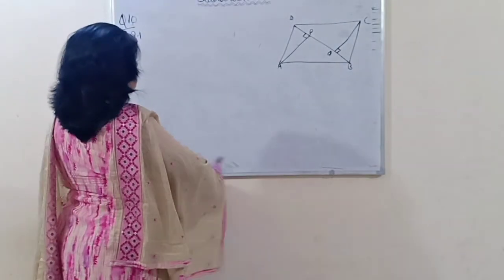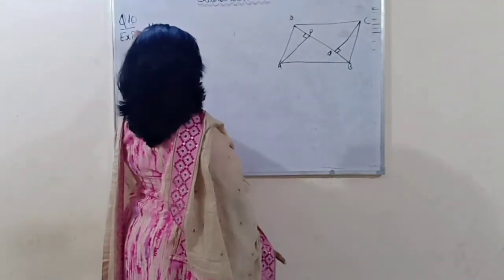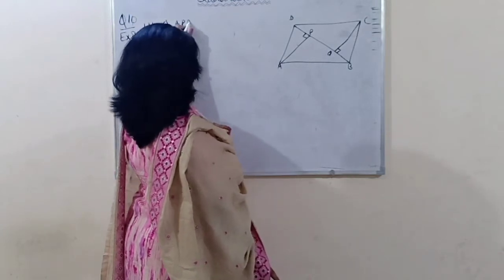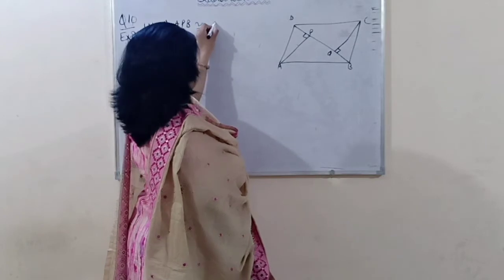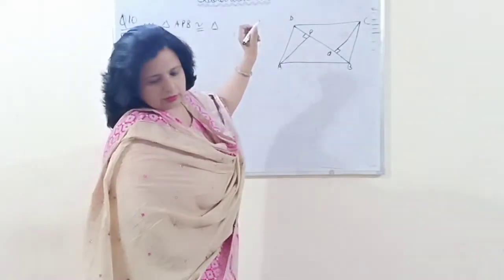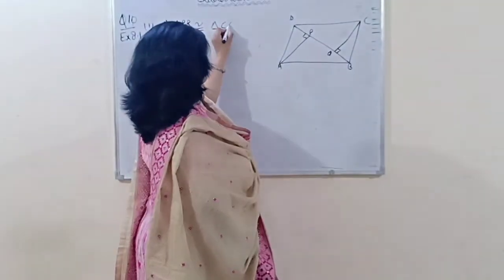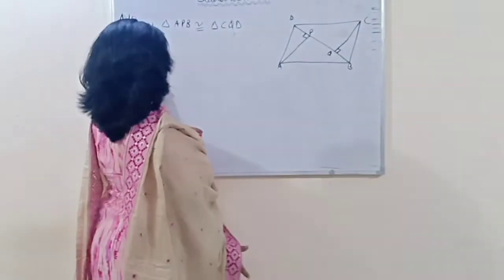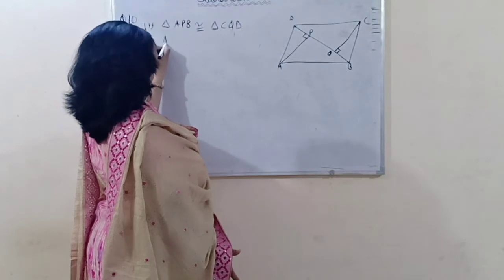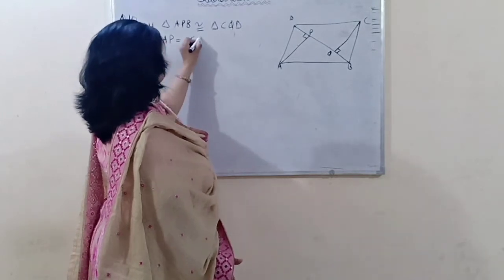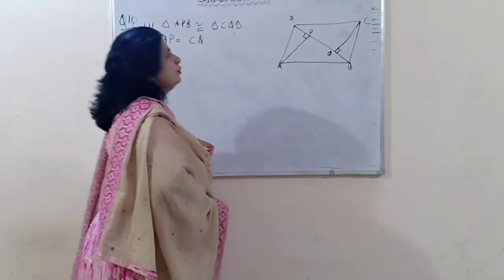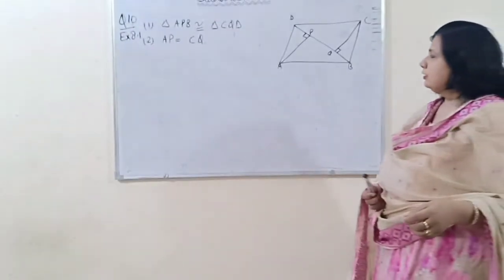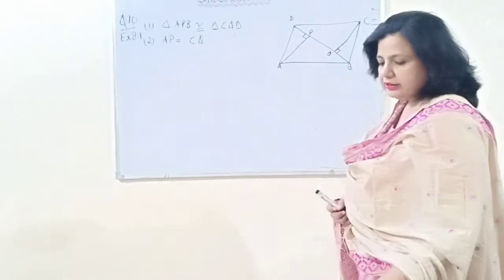In the first part you have to show that triangle APB is congruent to triangle CQD, and then the second part is AP equal to CQ. Now first let us see how these two triangles are congruent.